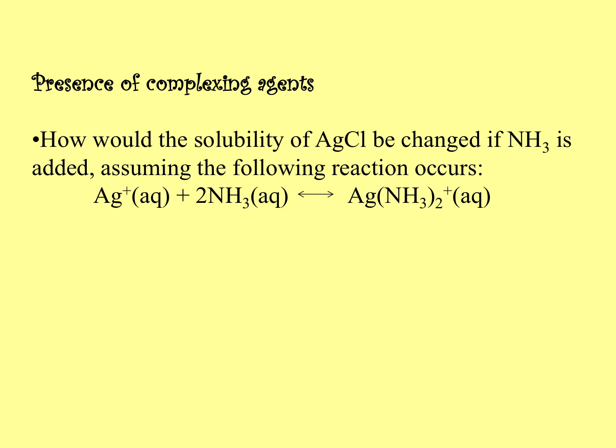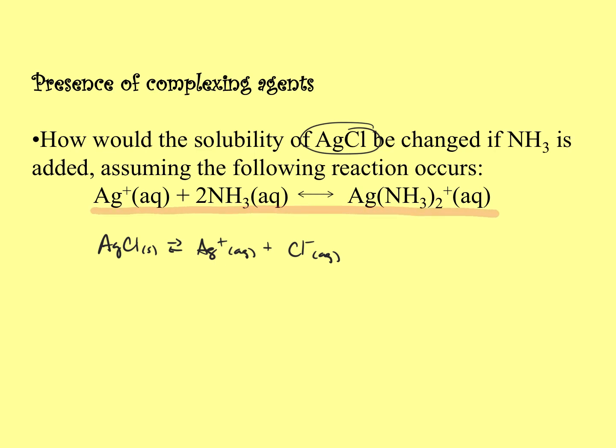So when we're specifically talking about AgCl, we're referring to AgCl solid breaking up to form Ag plus aqueous and Cl minus ion. So what this equilibrium demonstrates is that adding NH3 means that it will react with the Ag plus.